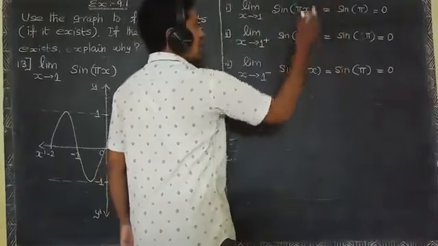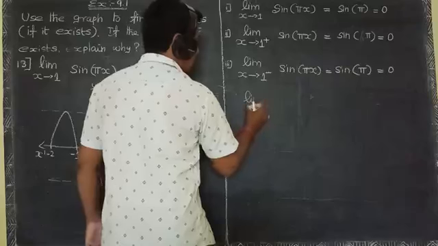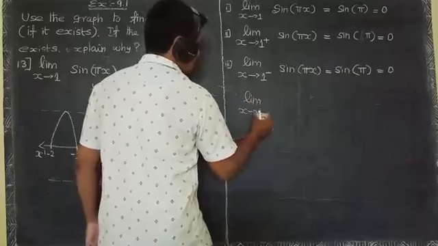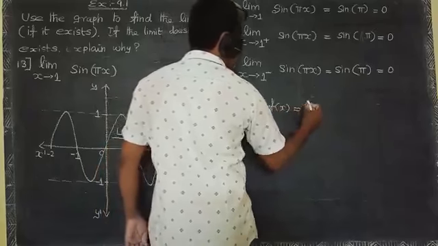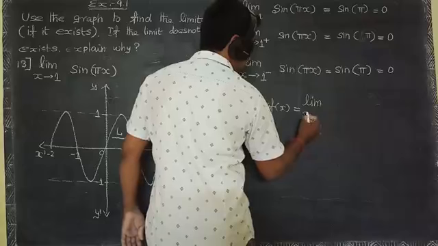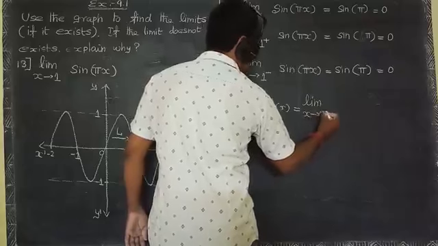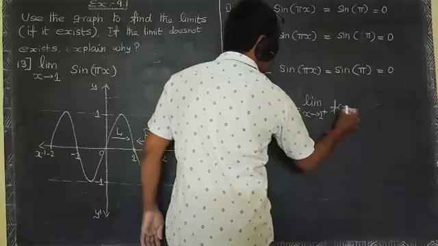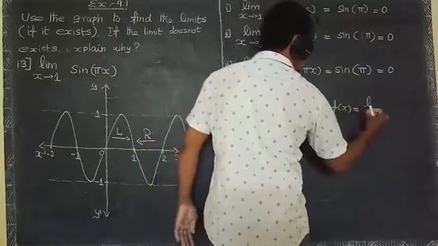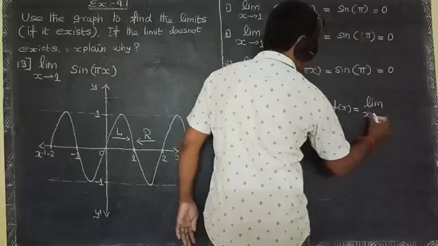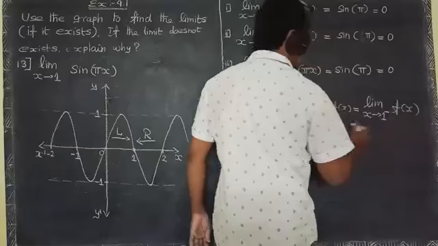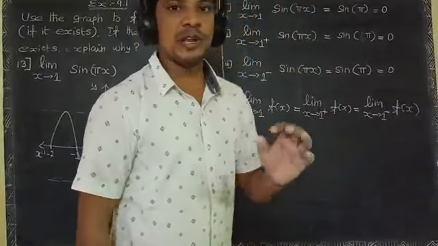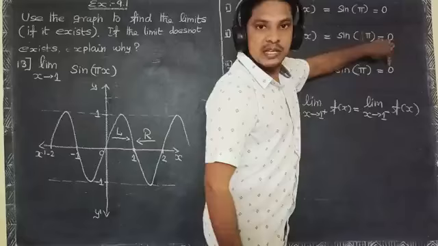Therefore, the values are equal. Limit x approaches 1 of f of x is equal to limit x approaches 1 plus f of x, which is equal to limit x approaches 1 minus f of x. All are equal, that is a unique real number. The unique real number is 0.